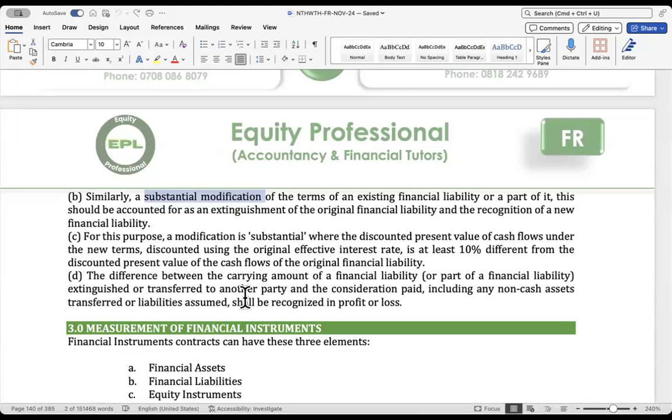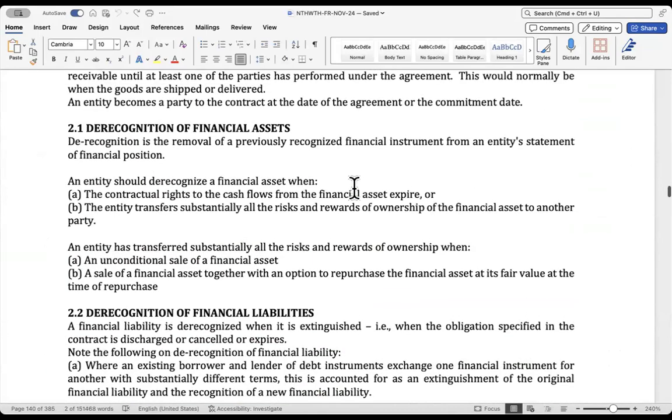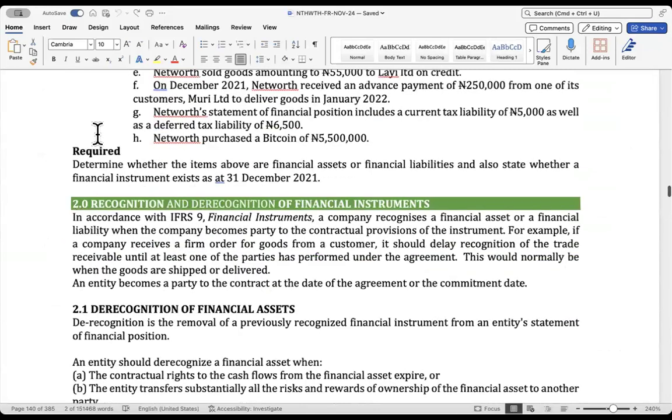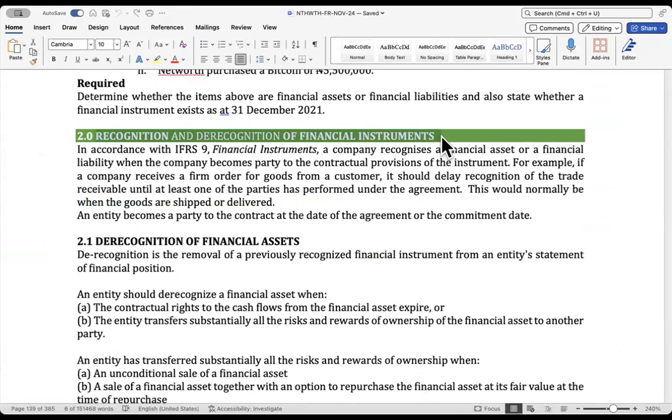So probably the guy discharged you of the remaining 2 naira. So that remaining 2 naira is a profit on derecognition for you, which you have to recognize in your profit or loss. Okay, so that is another one that we need to note. So that is recognition and derecognition of financial instruments.